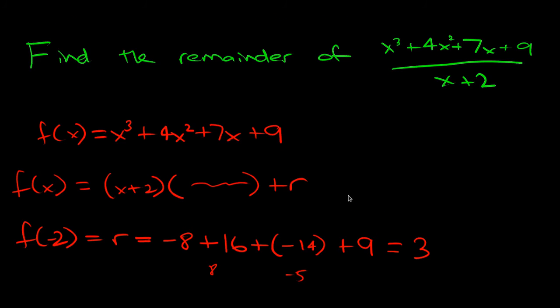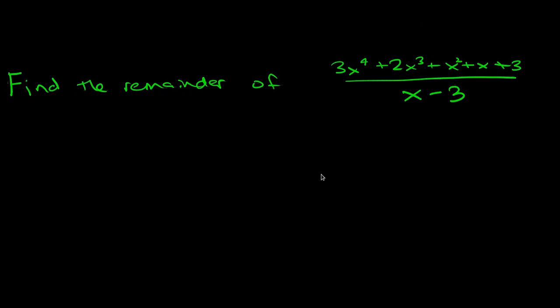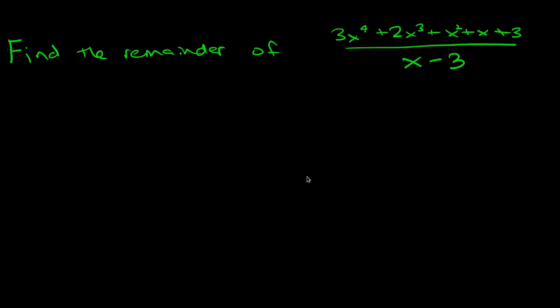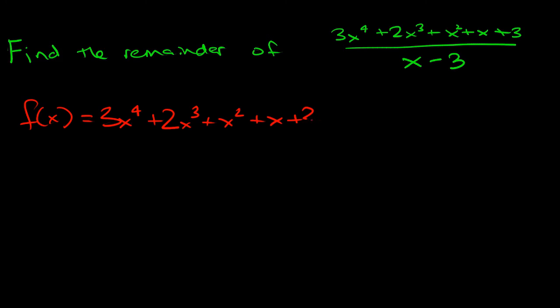Now let's move on to our last example. This looks dirty. 3x to the power of 4 plus 2x to the power of 3 plus x squared plus x plus 3. Alright, well, f of x is equal to 3x to the power of 4 plus 2x to the power of 3 plus x squared plus x plus 3.